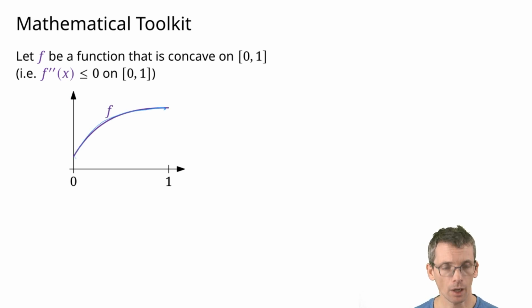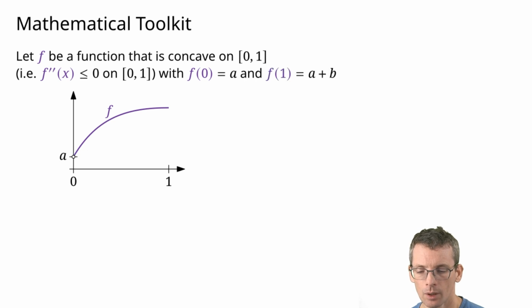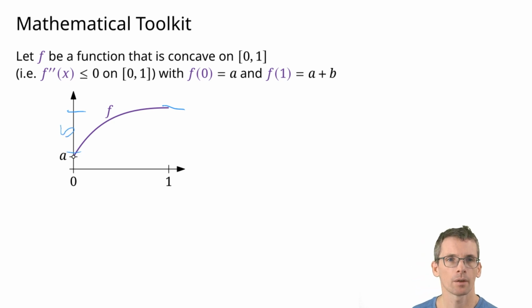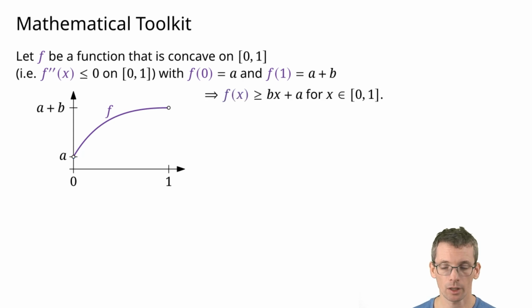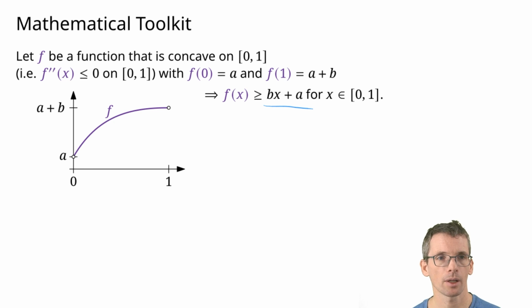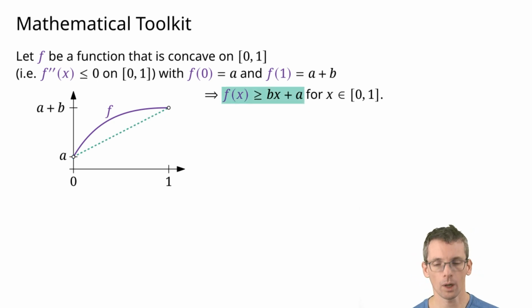Now, if I have a concave function, then for any value in between 0 and 1, if the value here is a and the value up there is a plus b, so the difference is b, then if I compare with the line through these two points, f of x is always larger or equal to bx plus a, for everything between 0 and 1.